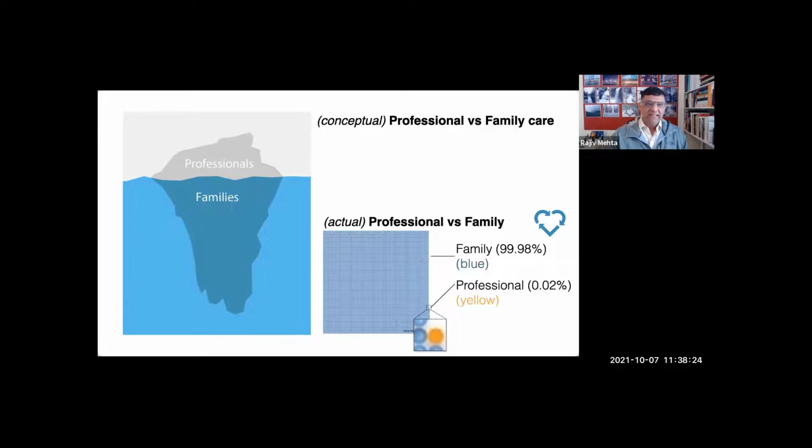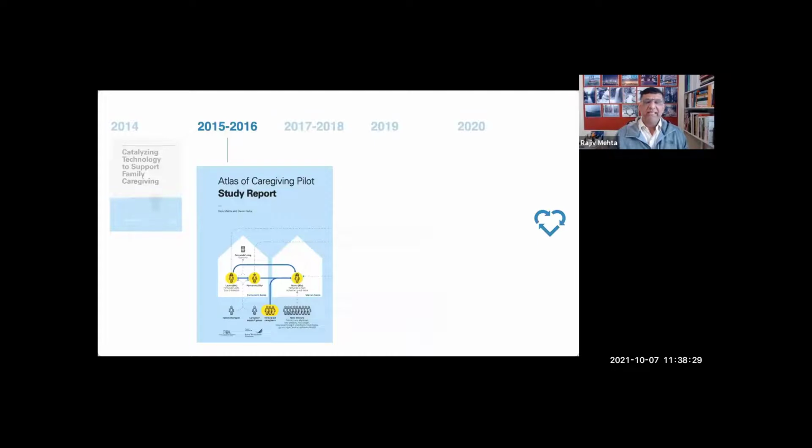Recognizing this reality also led us to conclude, how can we capture more real data about care? One of the key things we acknowledged in that roundtable was how little data there exists.